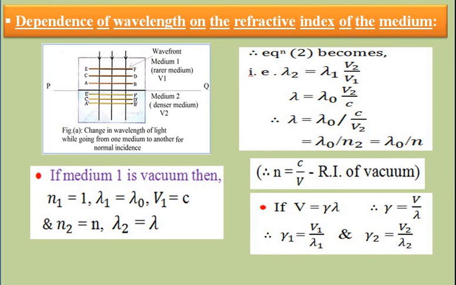If v is equal to nu lambda, we get nu is equal to v upon lambda, and due to this the value of nu1 is equal to v1 upon lambda 1 and the value of nu2 is equal to v2 upon lambda 2.